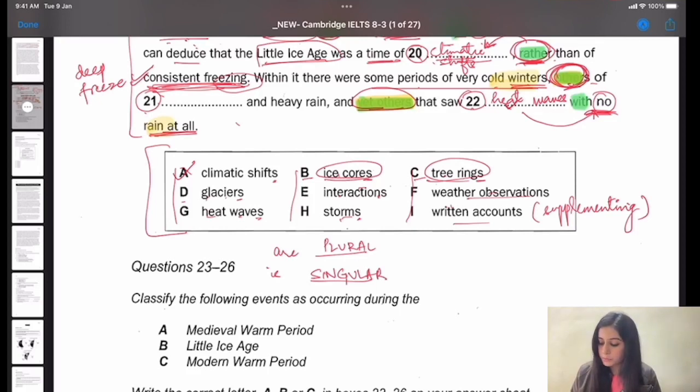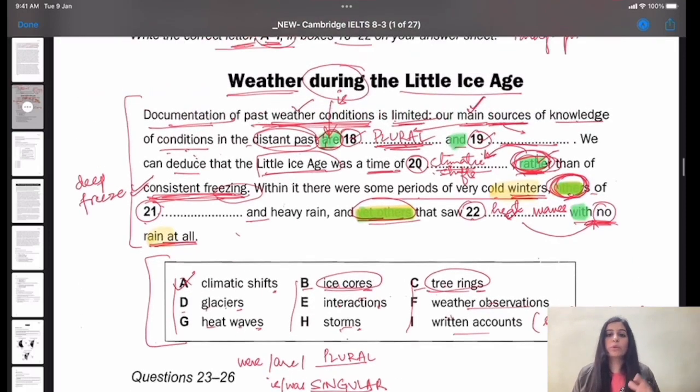So is, was, are, were, so on and so forth. You guys understand what I'm trying to say. So keep an eye out for these words, and also for words like and, with, others. These prepositions and connectors are also important. Rather is a very important connector here, which helps you understand that it will be contradicting the consistent phrasing that has been mentioned here.